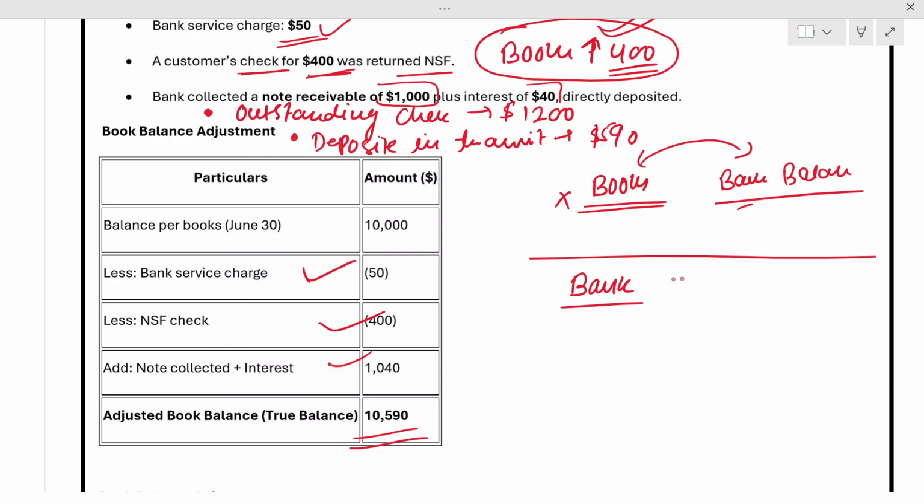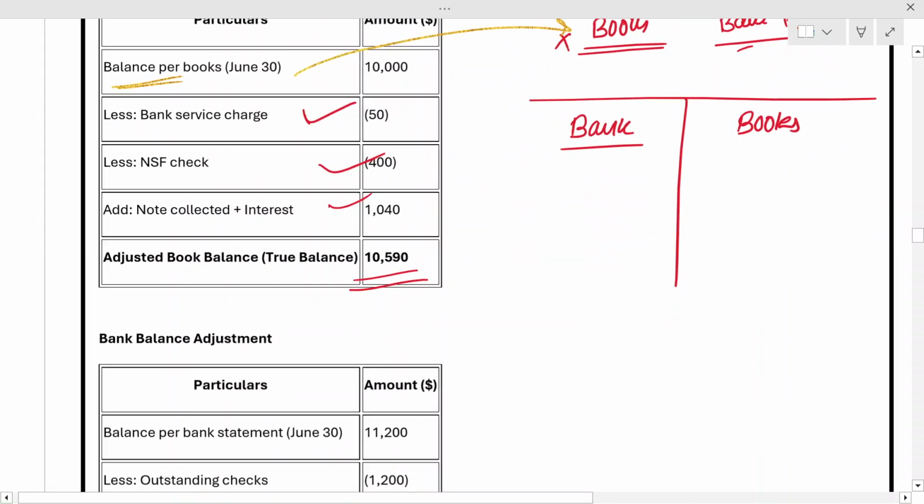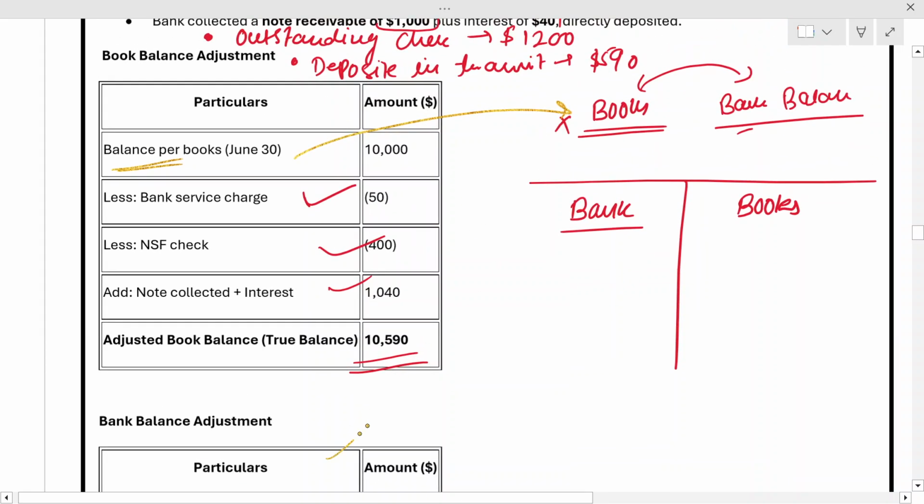So we will be writing bank here and we will be writing books here. Why am I doing this? Because earlier I was starting from the balance as per books, but now in the second step I will start with the bank, so I am starting with bank here.